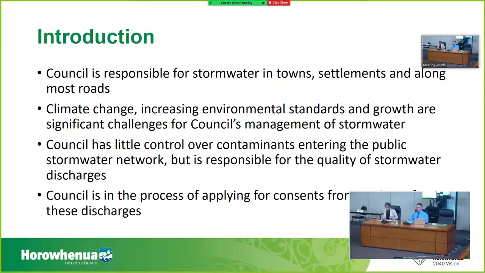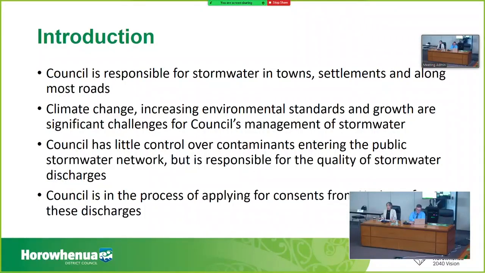Currently council has got very little control over contaminants entering the public stormwater at this stage, and however, it's responsible for the quality of the stormwater discharges.